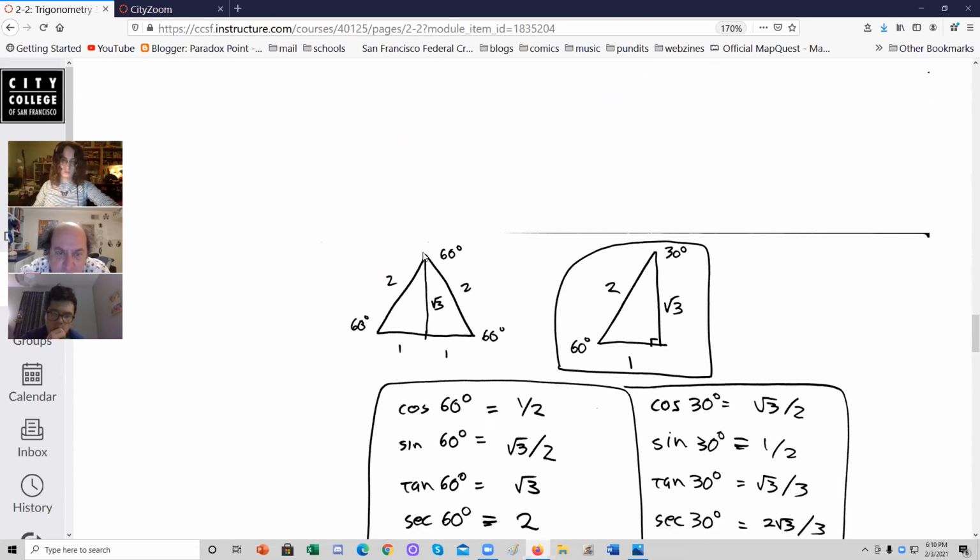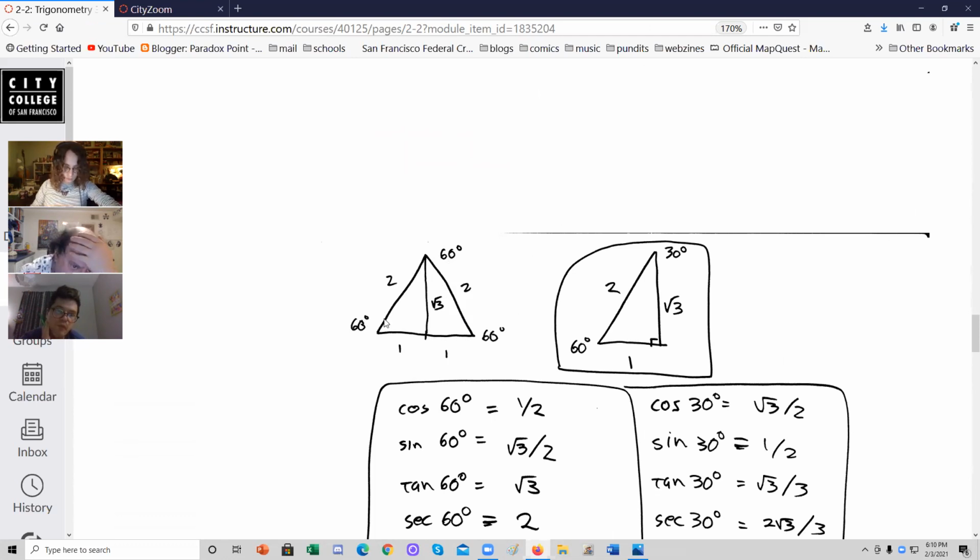Now here we'll start off with an equilateral triangle. The side 2 and 2, and this will be side 2 as well. We break it up into 1 and 1. Since the 3 sides are equal, the 3 angles are equal, and that turns out means that they're all 60 degrees.